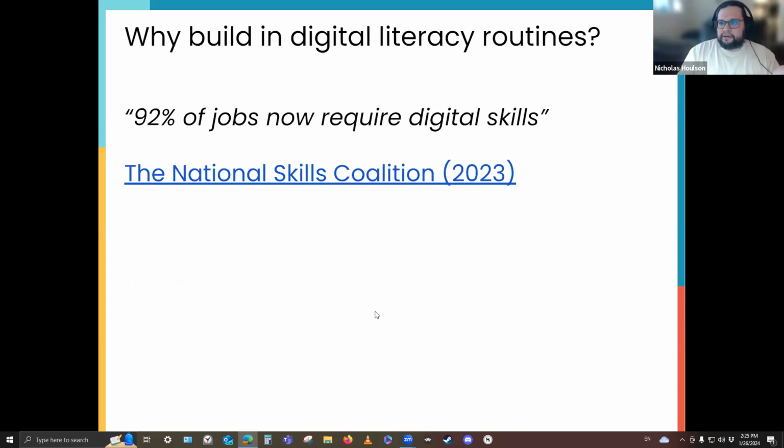Why is that important? Because it's so fully integrated into our daily lives that it's become inextricable. This study from the National Skills Coalition in 2023 found 92% of jobs now require digital skills.